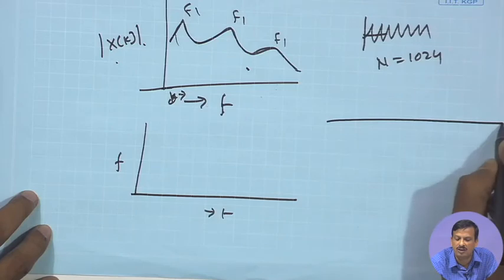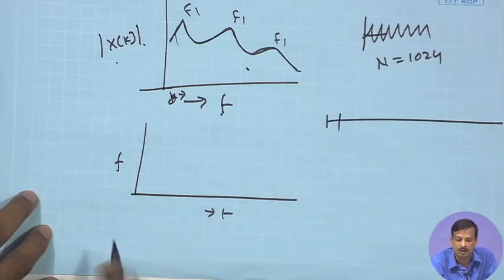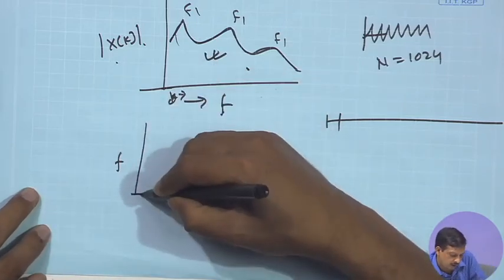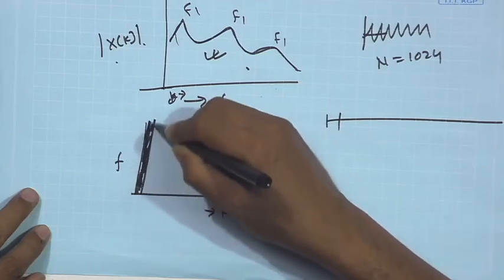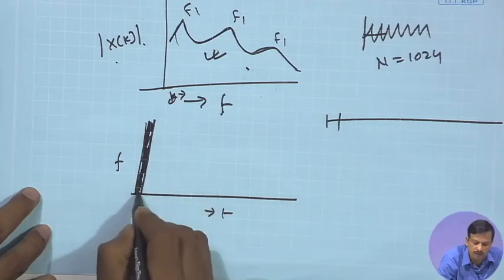I have a long signal. I take a small chunk of the signal from here, find this point, and then plot it here. For this whole chunk, the frequency representation will be the same.